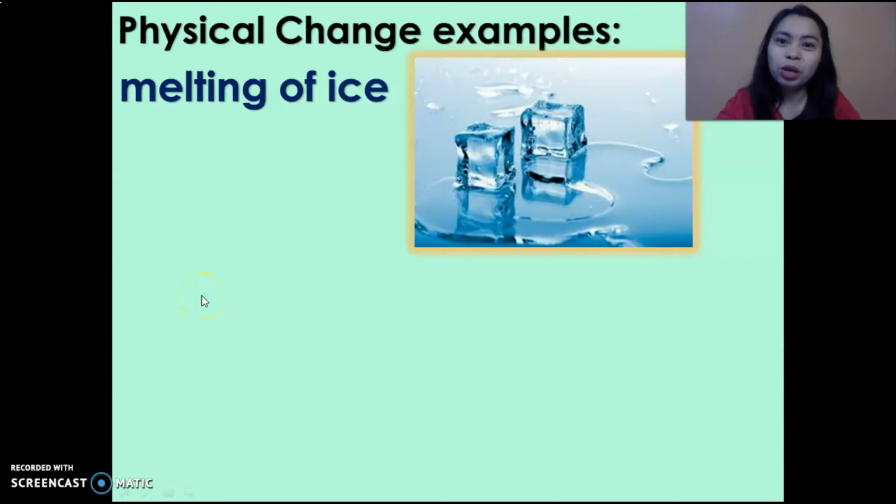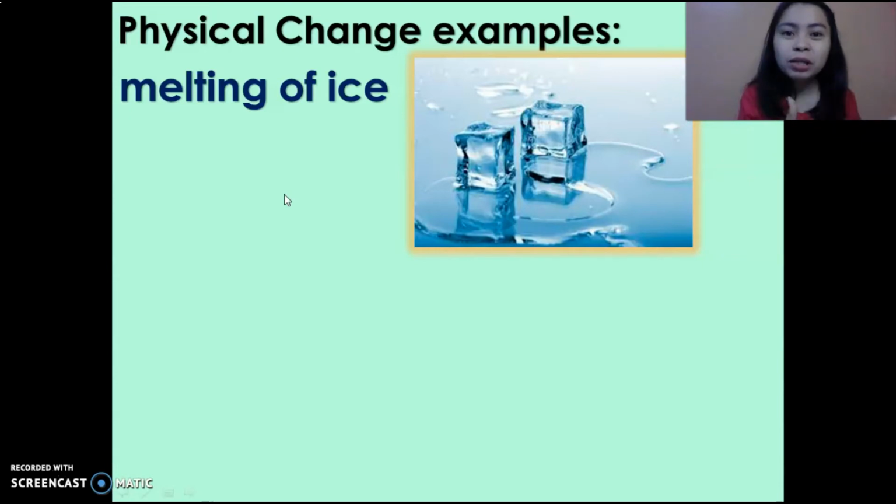This time, I'm going to show you some examples of physical change. The first one, we have melting of ice. We know that ice is, what state of matter is it? Correct, it's solid. And if change happens, it will become water.